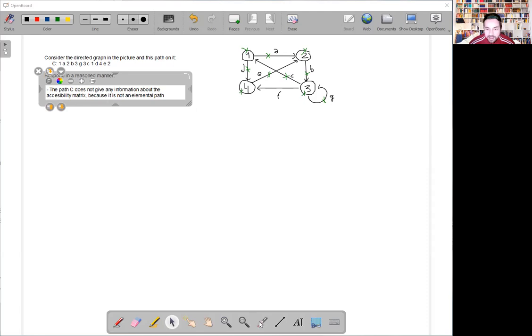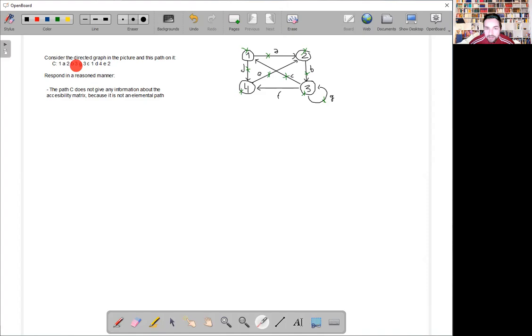Well, I would say that it gives some information indeed. Because it says that the second vertex is accessible from the first. Imagine that we didn't have this graph. If we only had this path, we could easily see that the second vertex is accessible from the first.